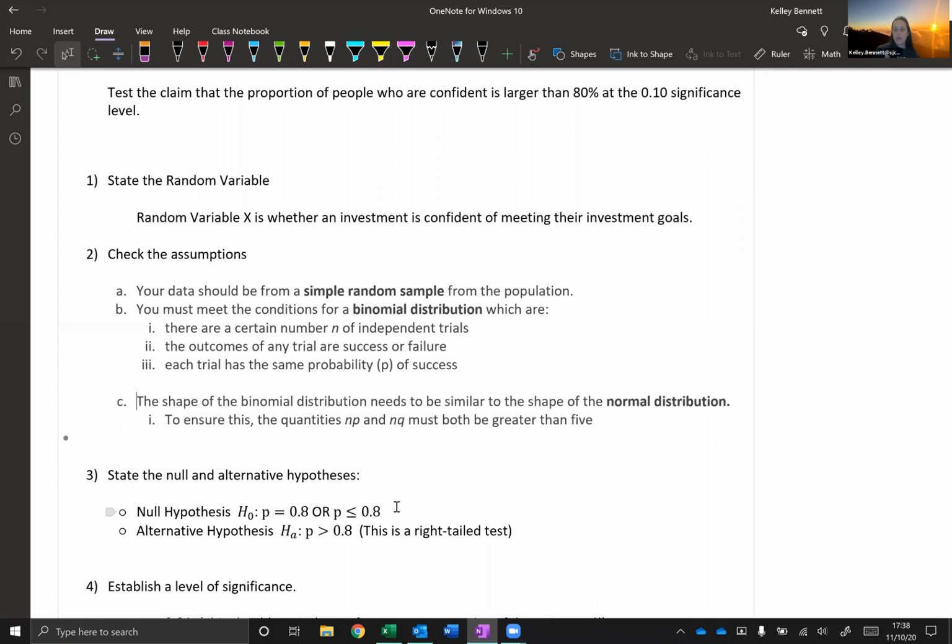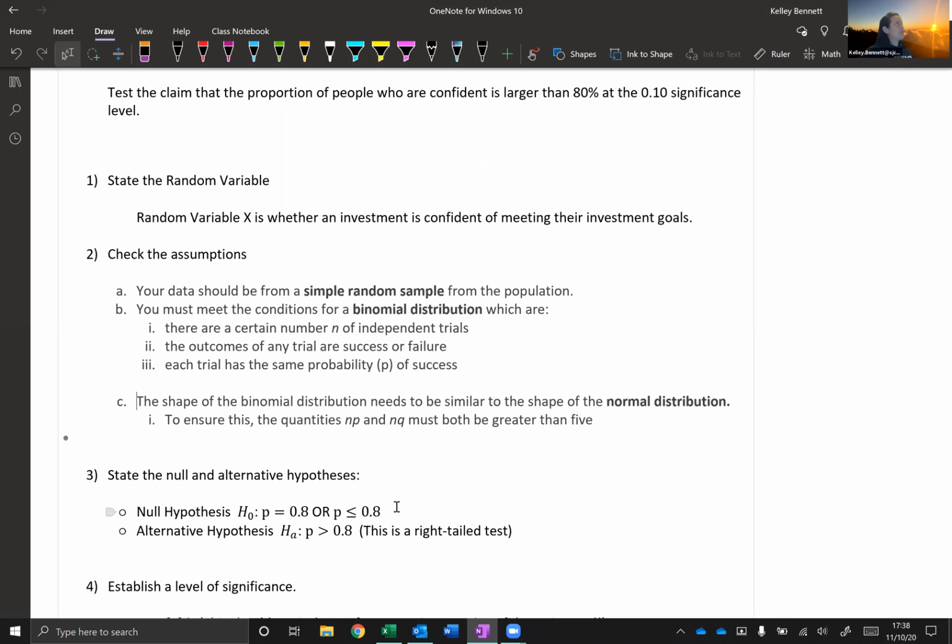Our p-value comes from whether we're running a right, left, or two-tailed test. So the outcome of our hypothesis test has more to do with how the alternative is stated rather than how the null is stated. We just chose a convention where our null is always stated in terms of equality. But regardless of the convention you choose for the null hypothesis, it doesn't affect the outcome of your test.